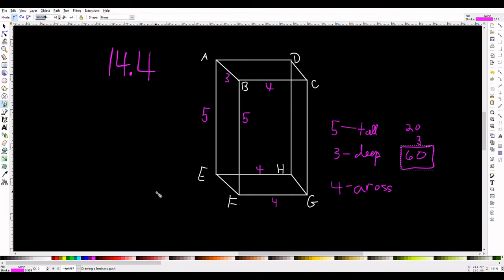Our first rectangle is AEFB, which is 5 times 3. ABCD equals 3 times 4. And BFGC is 4 times 5.